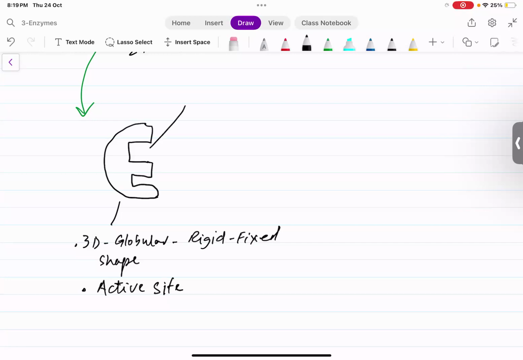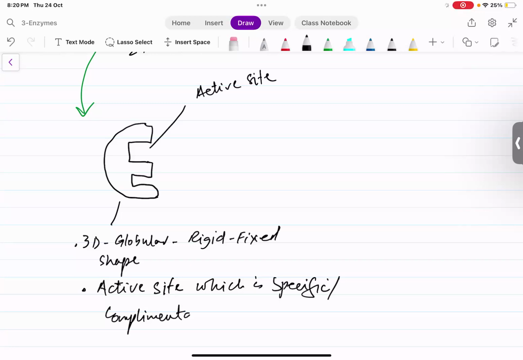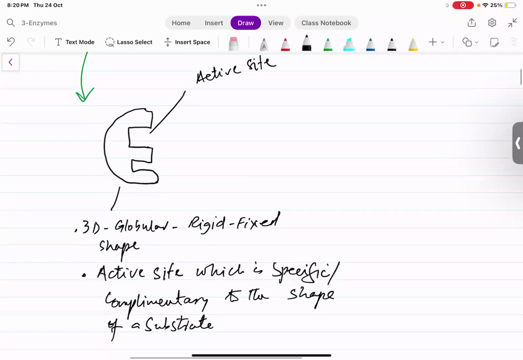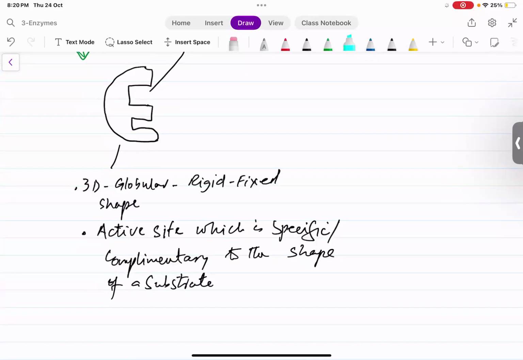This is an active site, which is specific, or complementary, to the shape of a substrate.